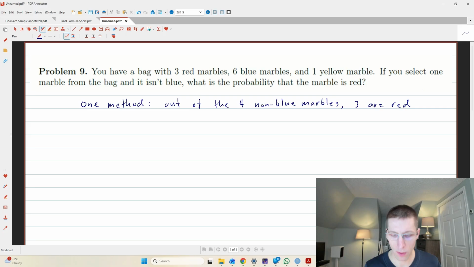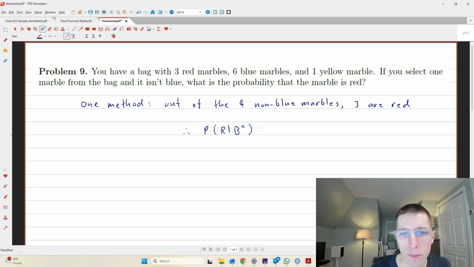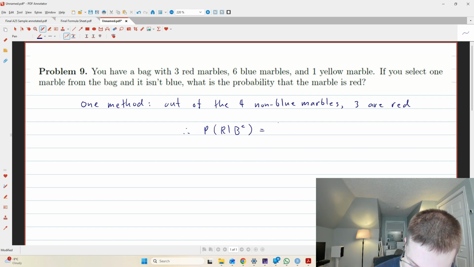So you have 4 equally likely outcomes, and this event of being red contains 3 of them. So that would mean the probability of, I'll say red given not blue, so use the symbol blue complement, so probability of red given not blue will be 3/4 or 0.75.